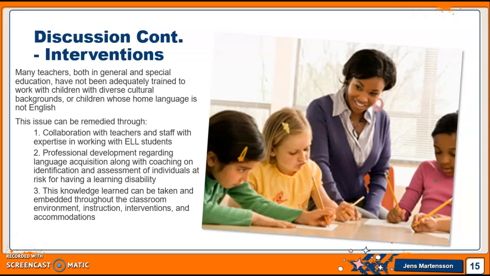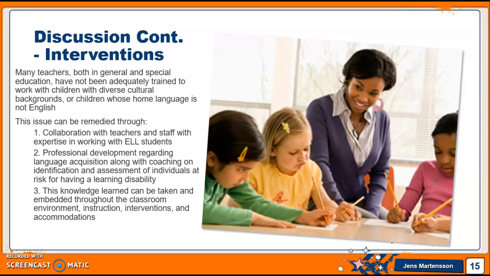And then interventions. It was made very clear that teachers, both general and special education teachers, are just not adequately trained to work with students with diverse cultural backgrounds or children whose home language is not English.